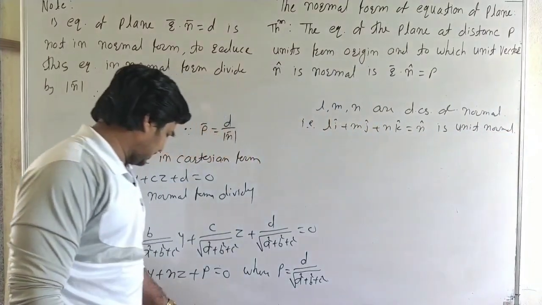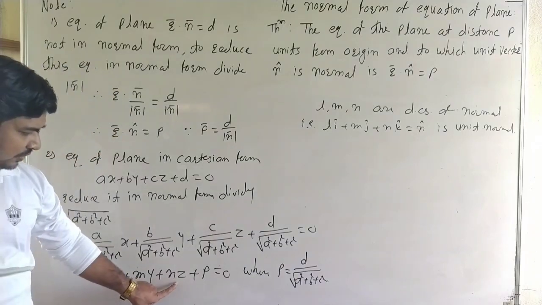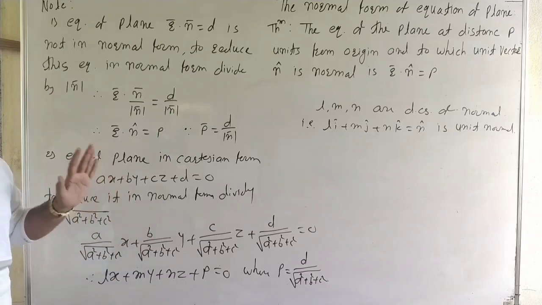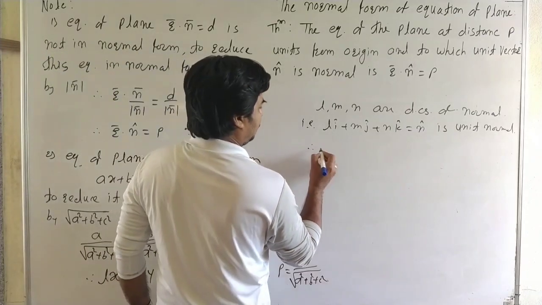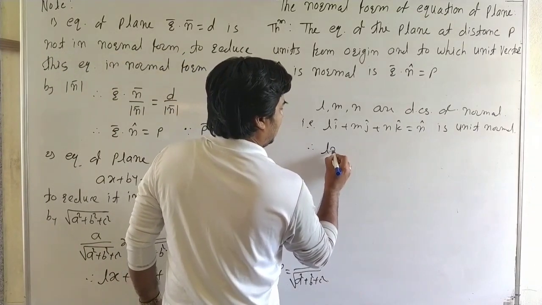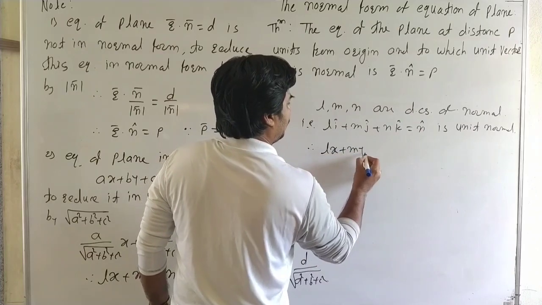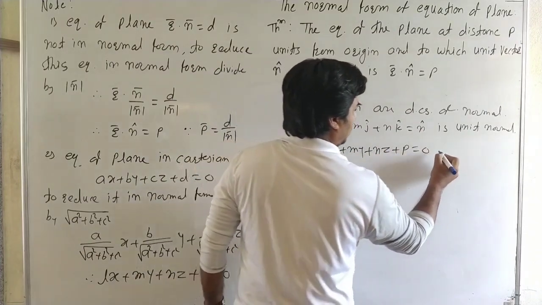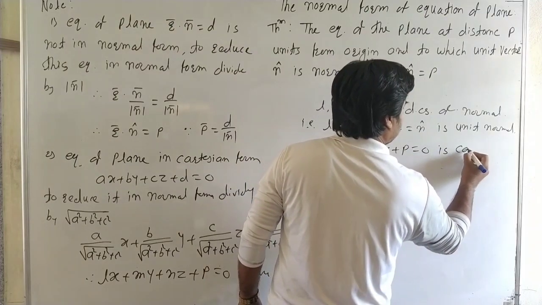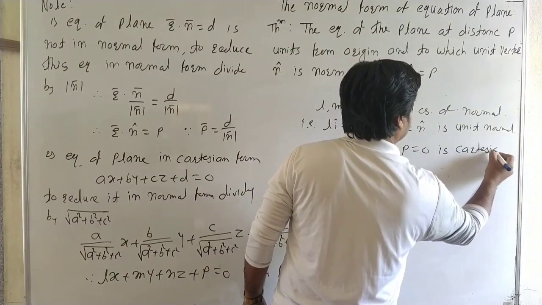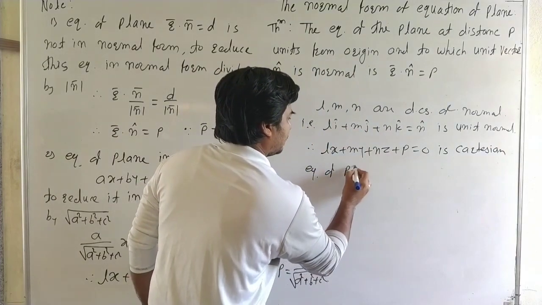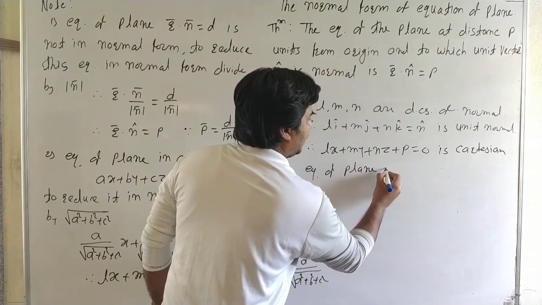And lx plus my plus nz plus p equal to 0 is the Cartesian equation of a plane in normal form. Therefore, lx plus my plus nz plus p is equal to 0 is the Cartesian equation of a plane in normal form.